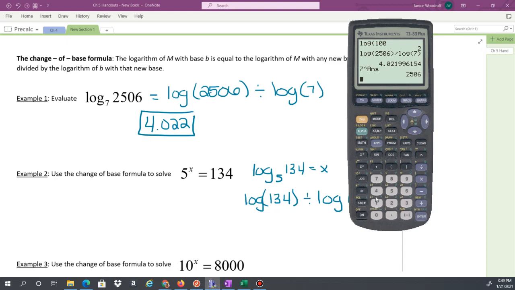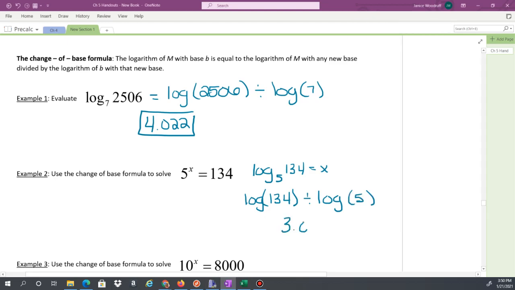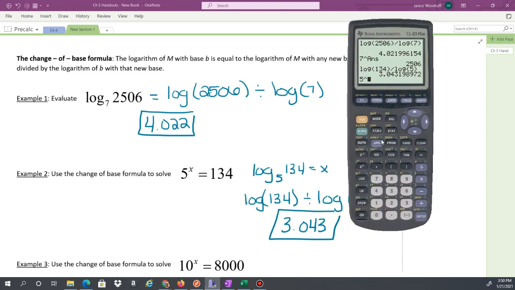So let's see, log 134, close the parentheses, careful on that because you're only doing log of 134, divided by log 5, you get 3.043. Okay, check it, put it back in the original problem, 5 to that power, so 5 to the second answer, 134.